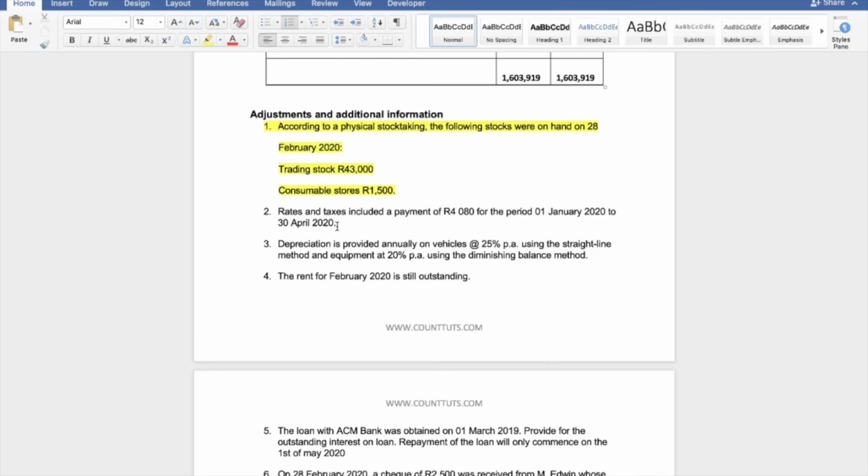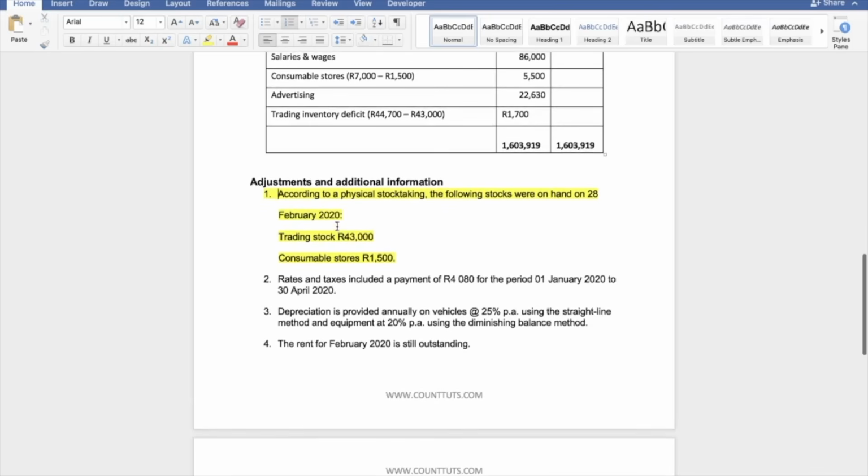If you looked at our fourth lesson in accounting for beginners, this would be quite easy for you to do. So we know that we paid for rates and taxes for 2 extra months after our financial year end, because if our financial year end is 28 February 2020 or 29 February 2020, then we have paid for March 2020 and April 2020, which is outside our financial period.